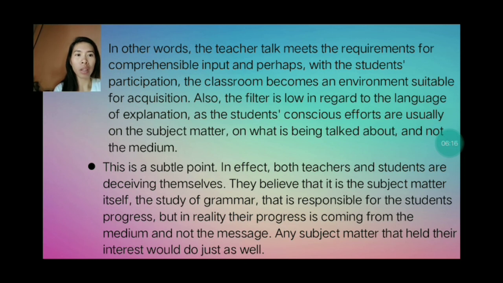They believe that it is the subject matter itself, the study of grammar, that is responsible for the students' progress. But in reality, their progress is coming from the medium and not the message. Any subject matter that held their interests would do just as well.